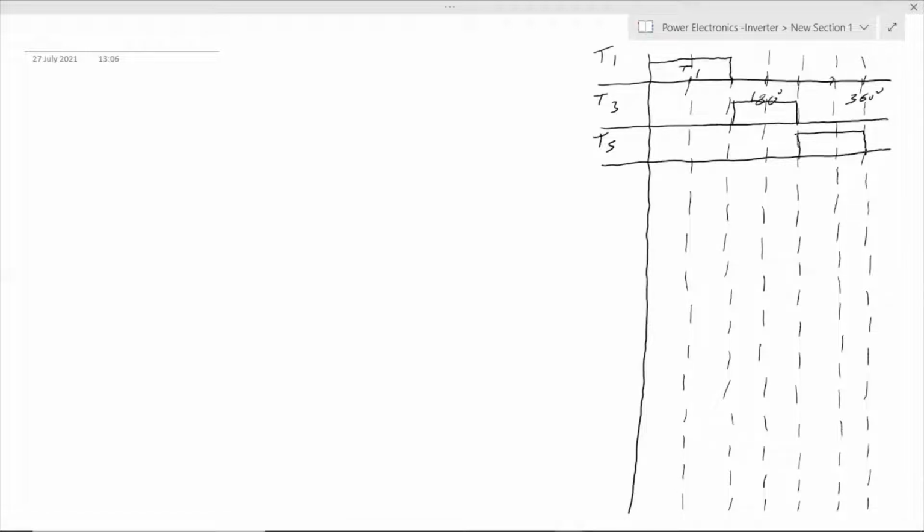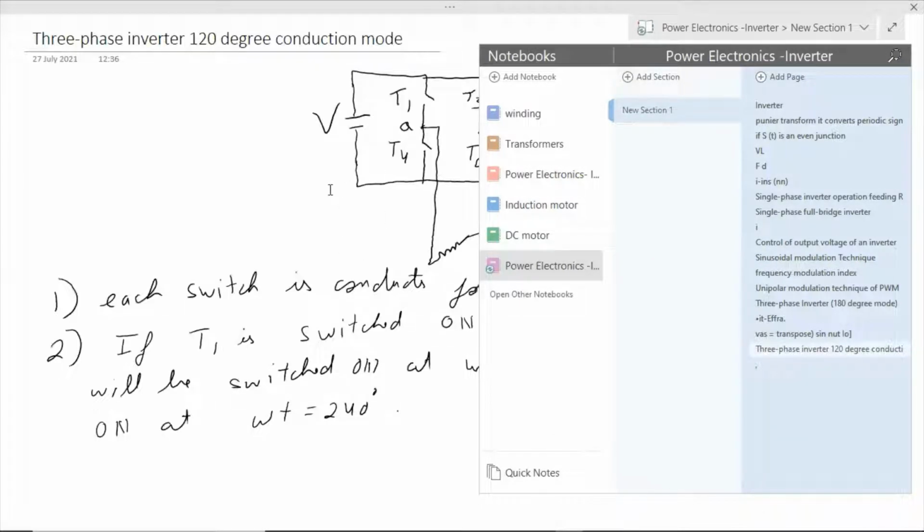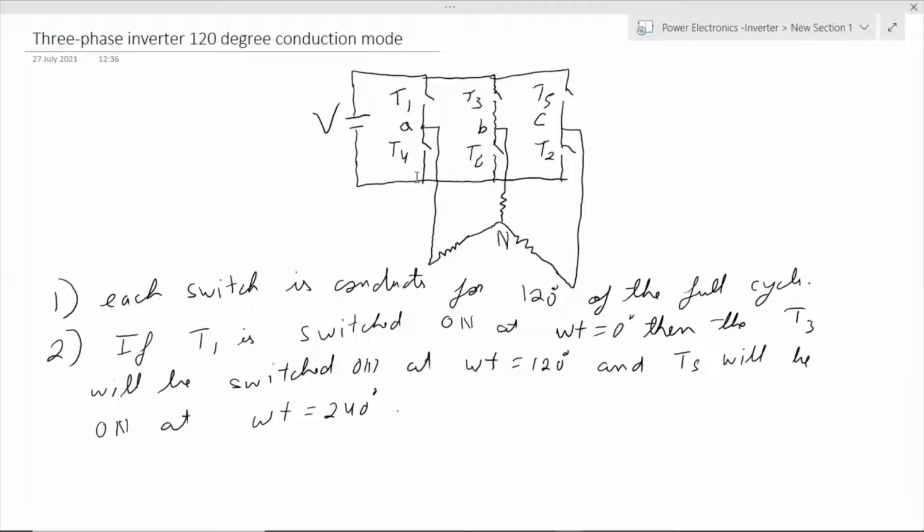Then the remaining switches, the bottom switches in each leg: T4, T6, T2. As we have seen in many lectures, the two switches in a leg should not be on at the same instant, so that they do not short circuit the DC source.